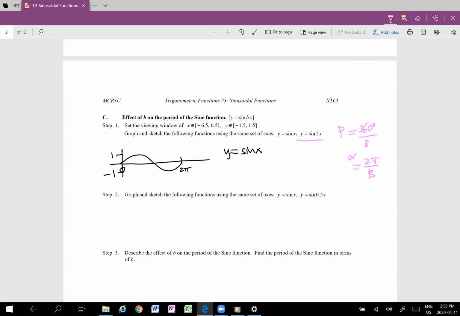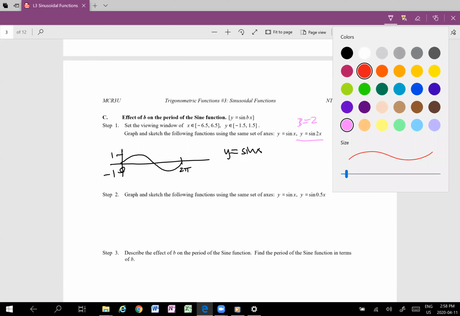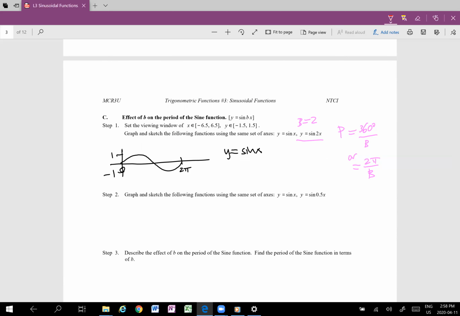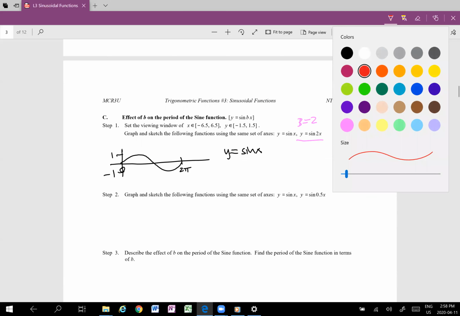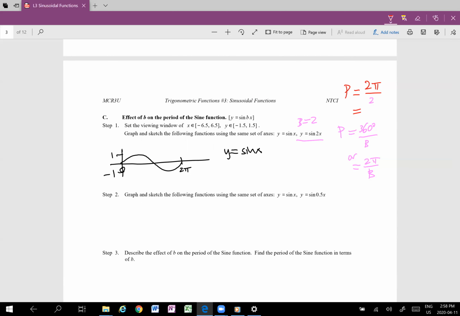In this example, the b value is 2. So doing some math, the period is going to be equal to 2 pi divided by 2. And so what is that value of the period when the 2's divide out? The period is going to be pi.